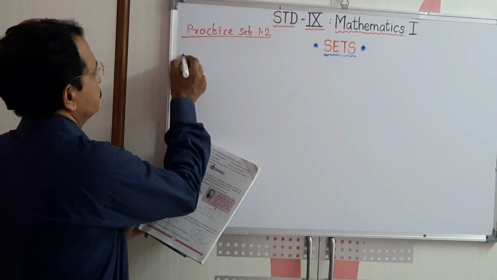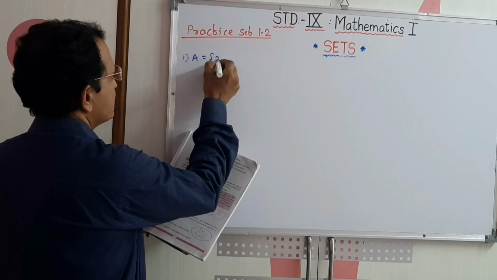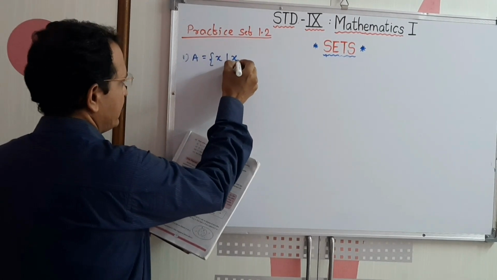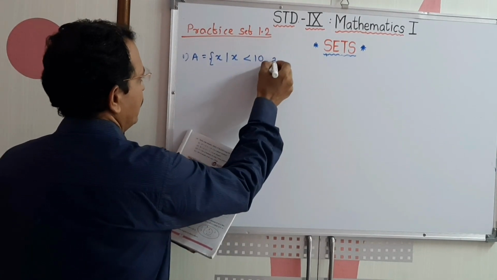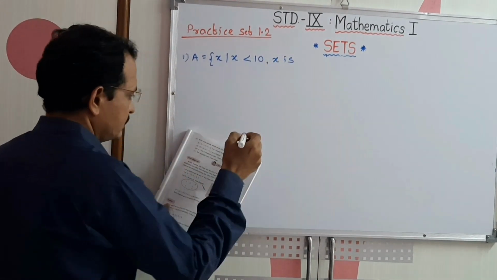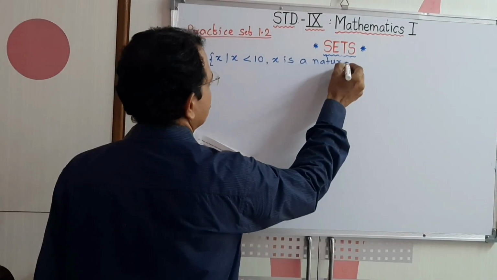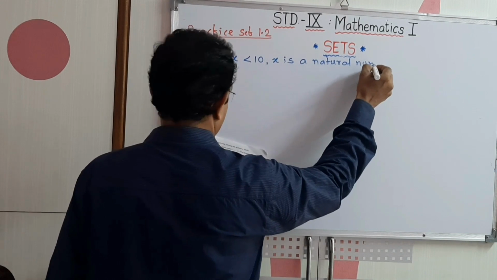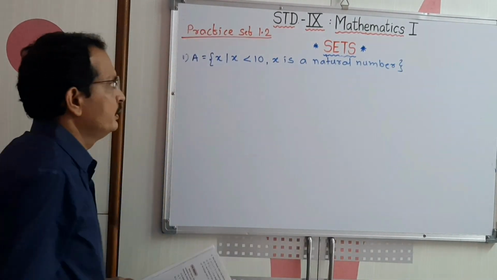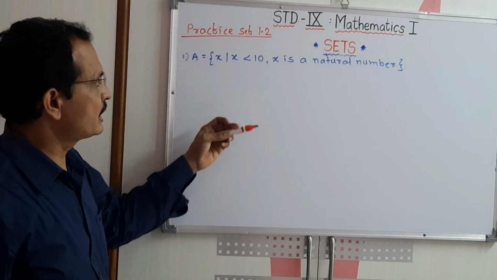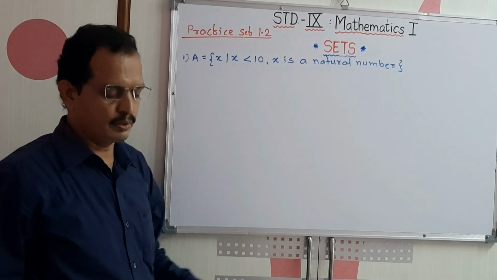Set A is a set of x such that x is less than 10 and x is a natural number.